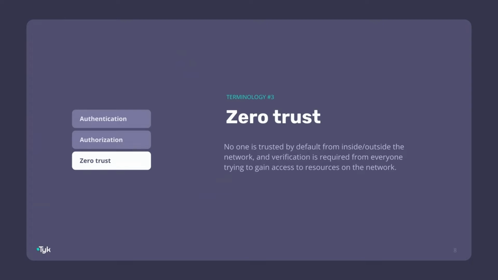However, now with zero trust, that has completely changed. You're looking at a system where no one is trusted by default, from inside or outside the network, and verification is required from everyone or everything that is trying to gain any form of access to the resources on the network.